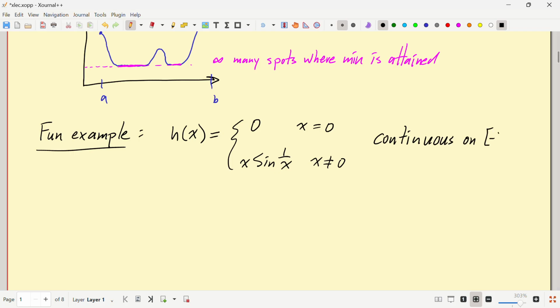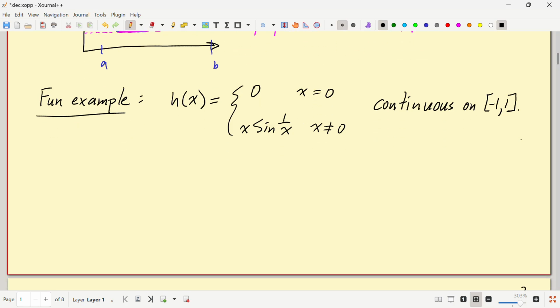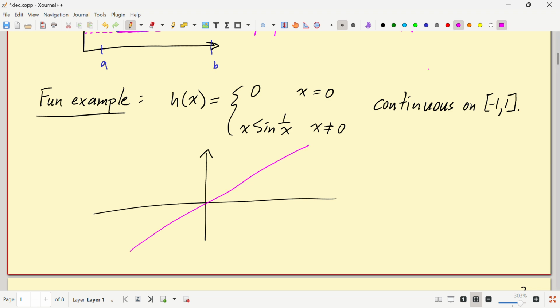Let's do it on minus 1, 1. Okay, and now let's think about, let me graph h of x squared. I guess I should remind you what the graph of h looks like. I'll have an x and I'll have a minus x graph. This is x. This is minus x.